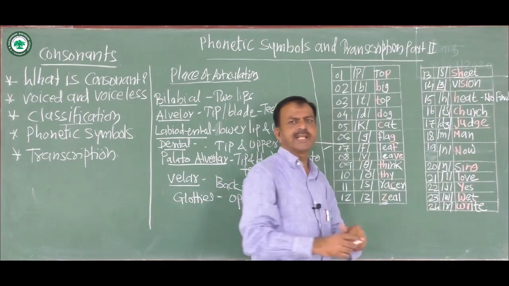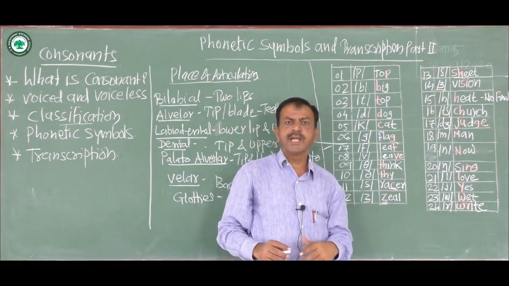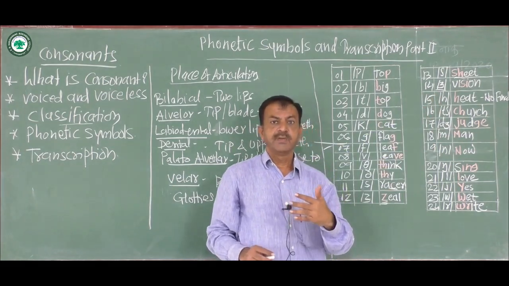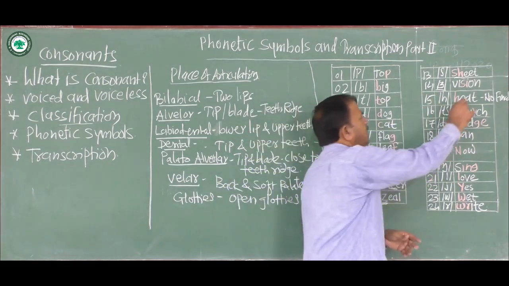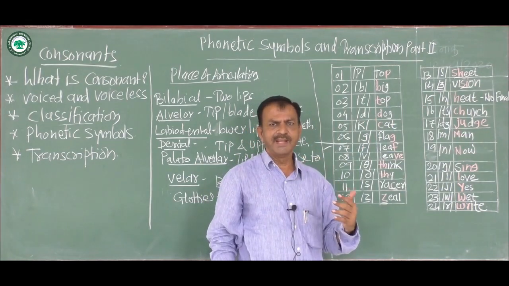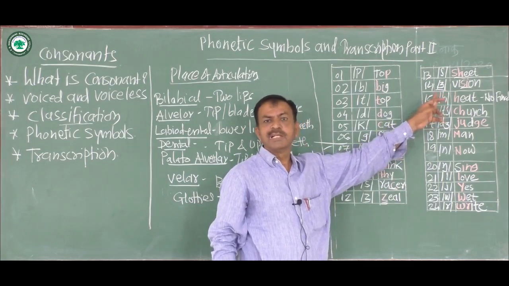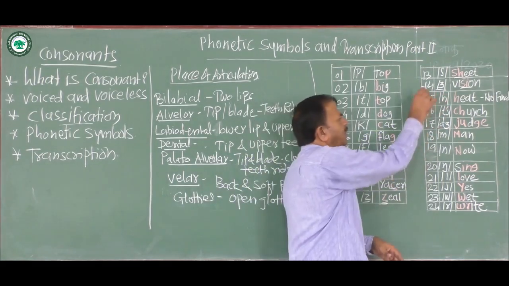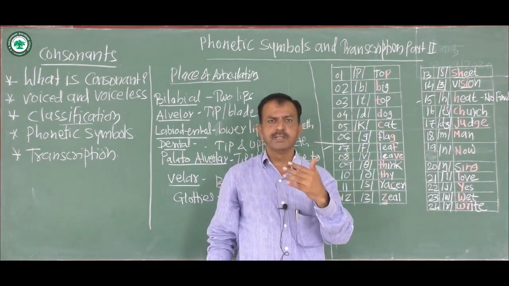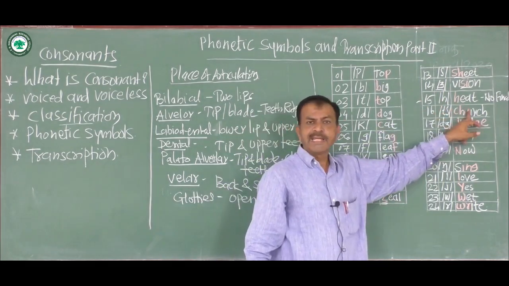This is the next fricative sound, j, as in vision. Here the spelling si indicates the sound j. And the next one is h, as in hit.